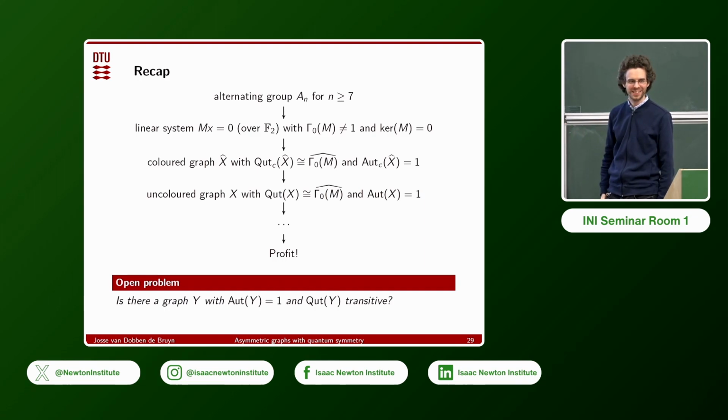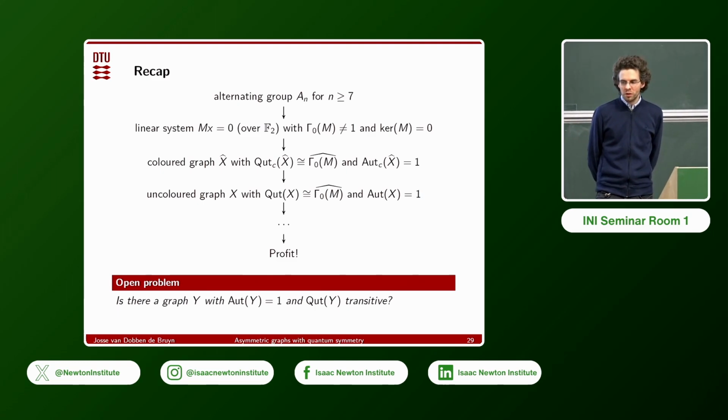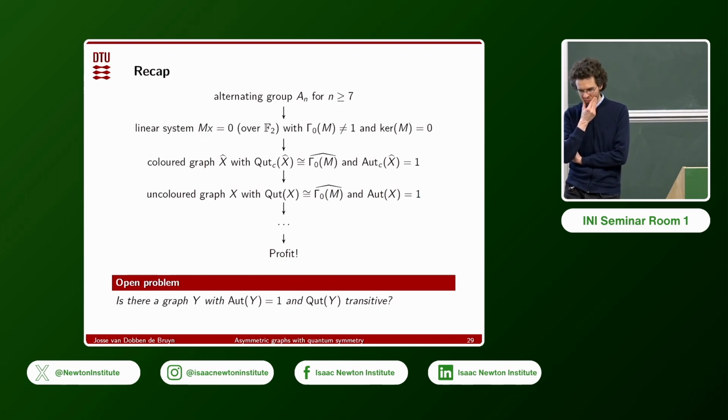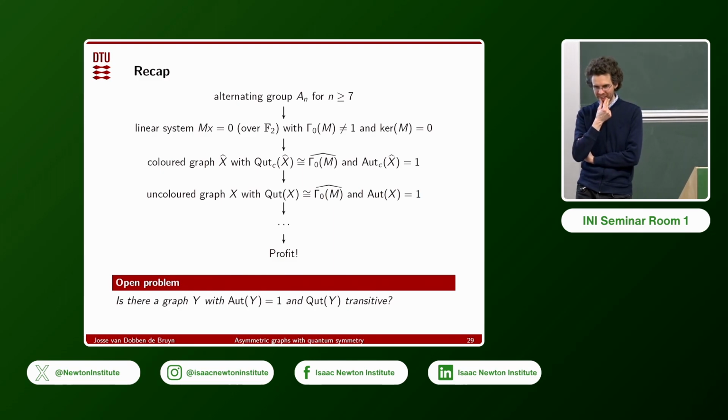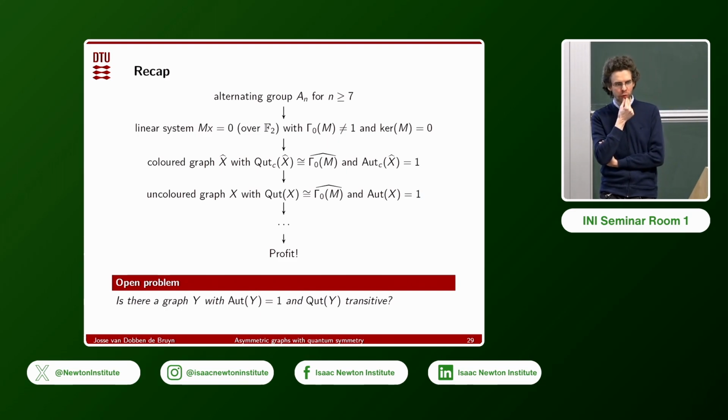Is there a way to decolor using cycles of different lengths? I'm not sure if you can even do that for classical automorphism groups, but it's not something we have looked into specifically.